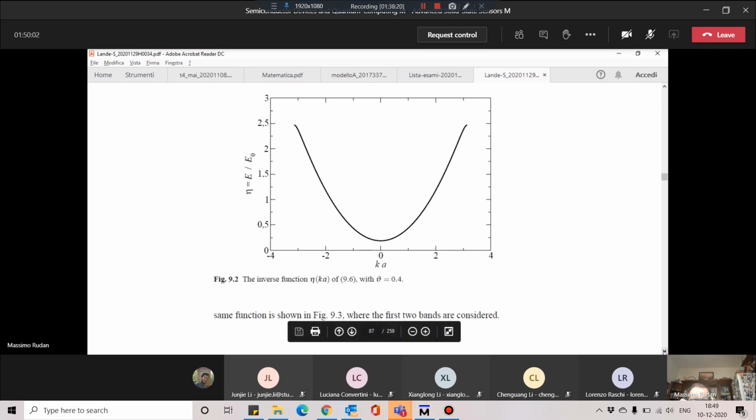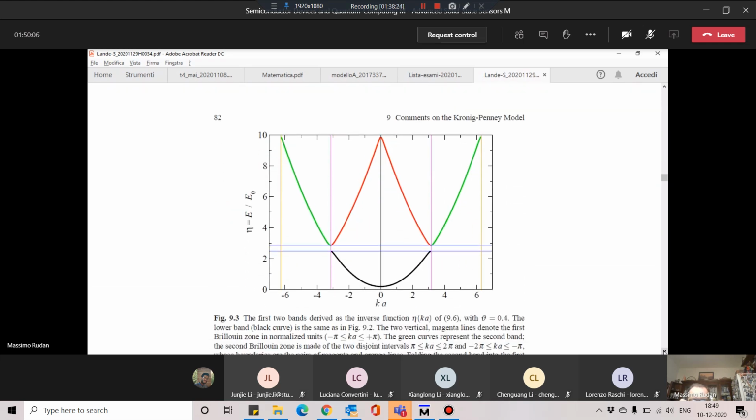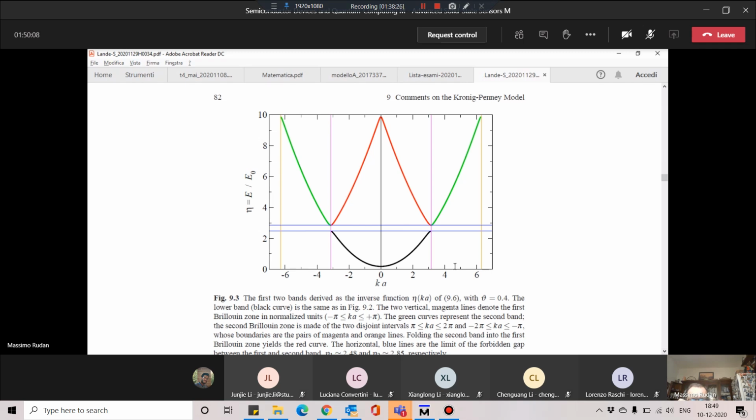If you want to calculate the second band, you have this figure. So this is the first band, the same as before. It is a little bit more compressed in order to provide room for the second band, okay? Then, if you draw the second band inside the Brillouin zone, you find a red curve, okay?